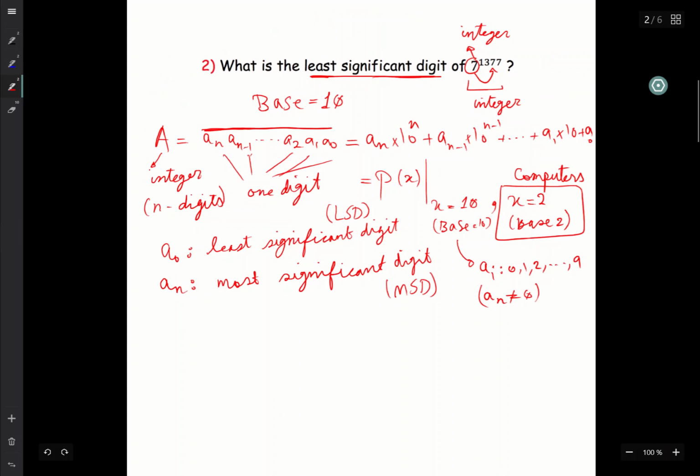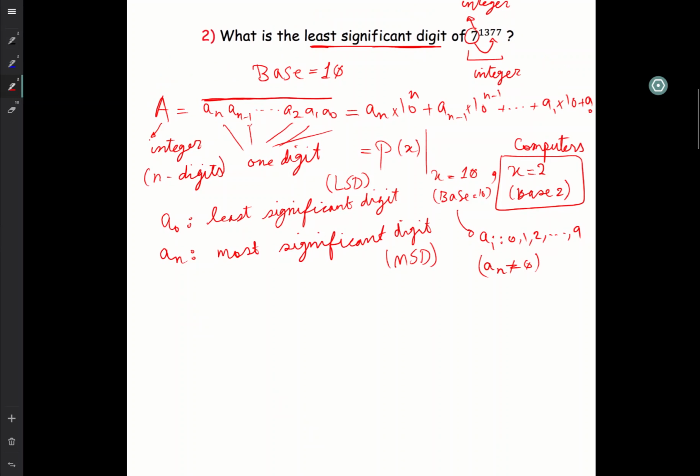Now, when the problem says a is 7 to the power of 1377, and if I write this as an, an minus 1 all the way to a0, what is a0?